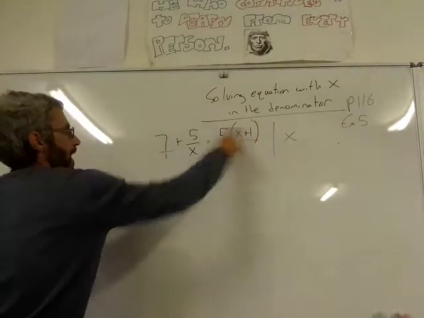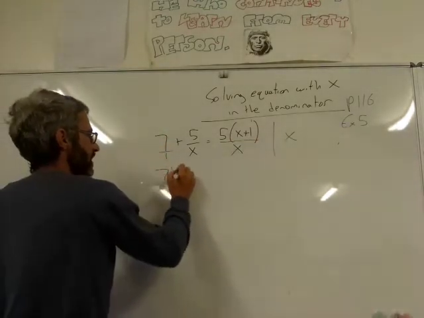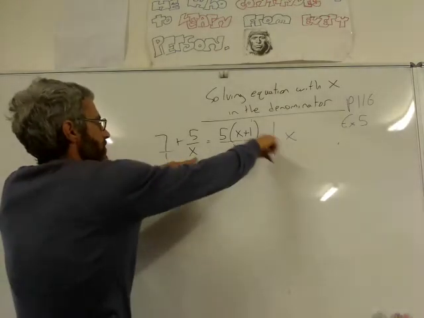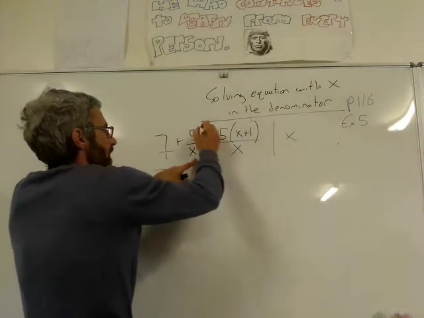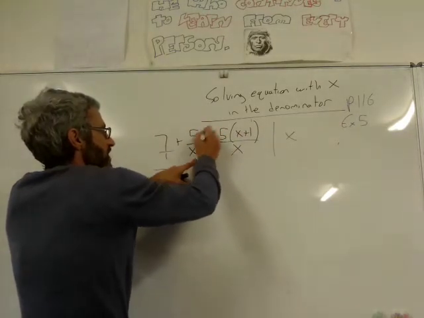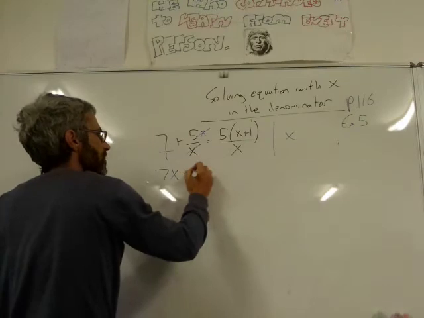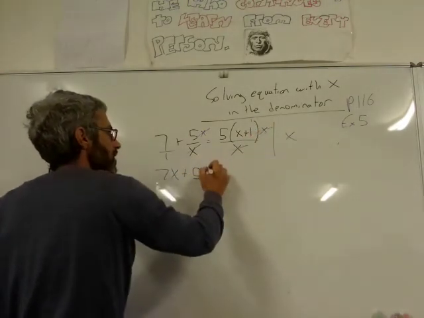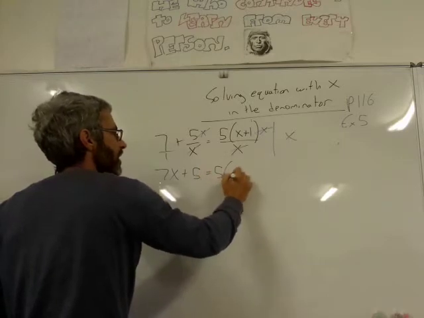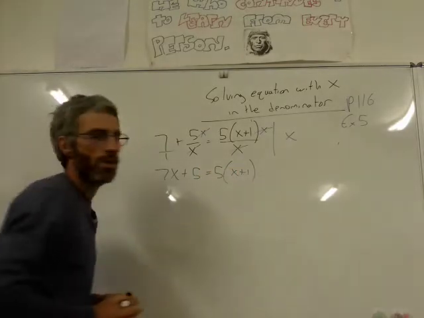So x times 7 is going to be 7x. Now I times 5 over x by x, that's going to cancel out, so it's just going to be plus 5. Times that by x, that is also going to cancel out, it will be equal to 5 times x plus 1.